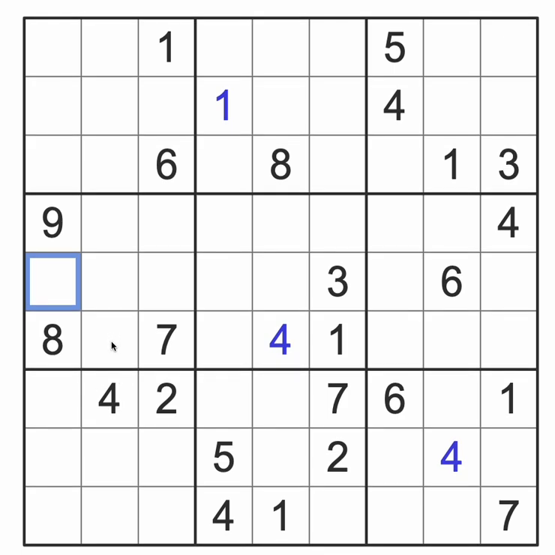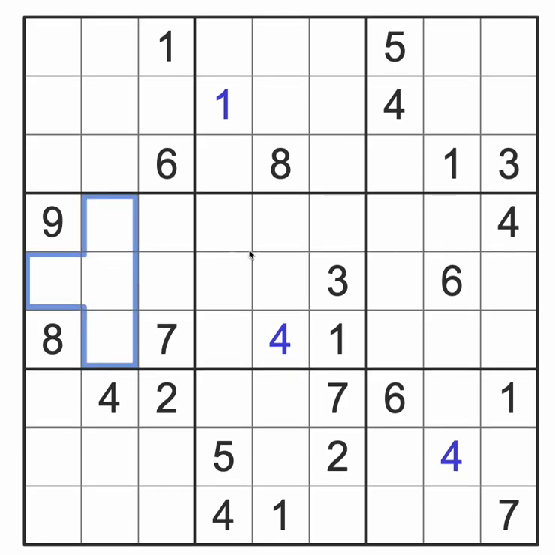And this 4 blocks here. This 4 blocks here. It gives me 4 here. And I think there was a few more, but I guess I should move on.